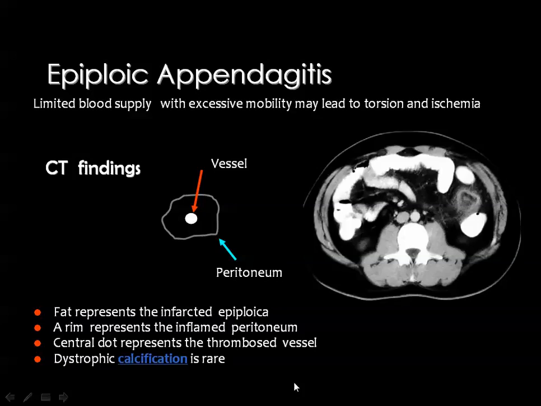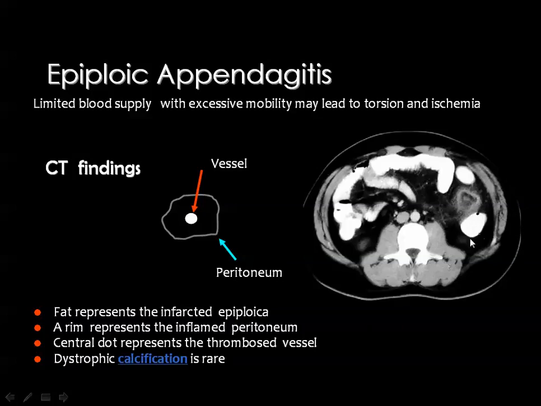Then these appendices epiploicae, being freely mobile, can undergo torsion, resulting in compromise of the blood supply, leading to ischemia and inflammation. Then the findings will appear in the CT scan like this lesion, which is composed of three parts.